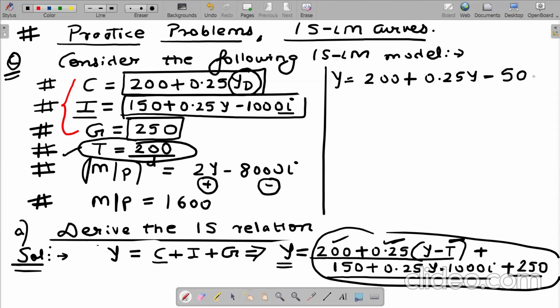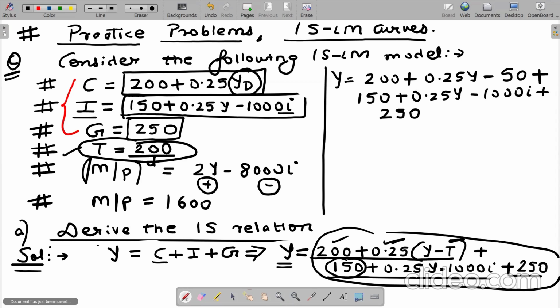And then I can further write, so then it's going to be plus 150 plus 0.25 Y minus 1000 i plus 250. See, I have opened up the brackets and I have written the whole equation for Y. Now let's add up all the constant terms.